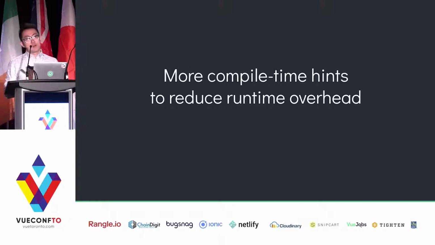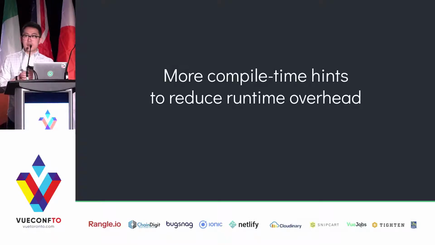So Vue currently already does that to some extent. In case you don't know, when you write your template and give it to Vue, Vue actually uses a compiler to compile your templates into something called JavaScript render functions. These are functions that return virtual DOM, and the code that it generates can be optimized by the compiler.